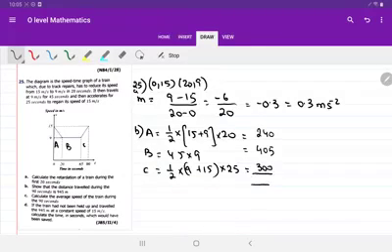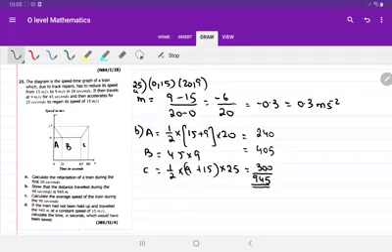So the total distance traveled is 300 plus 405 plus 240, which is 945, and that is what we wanted to prove.